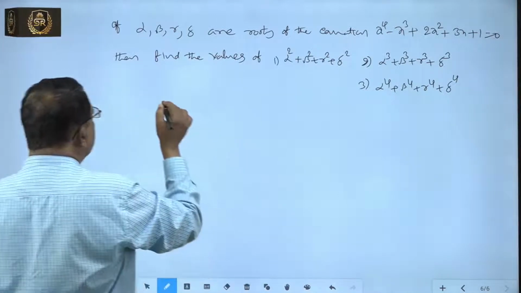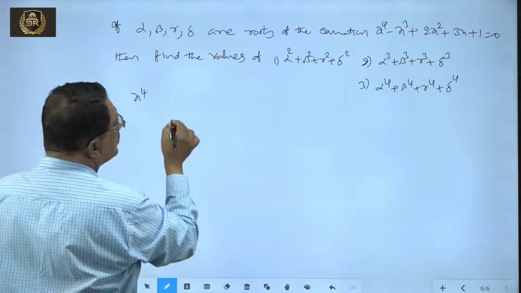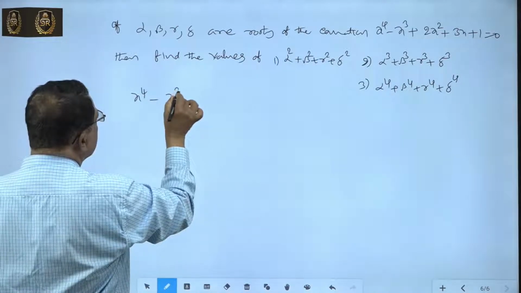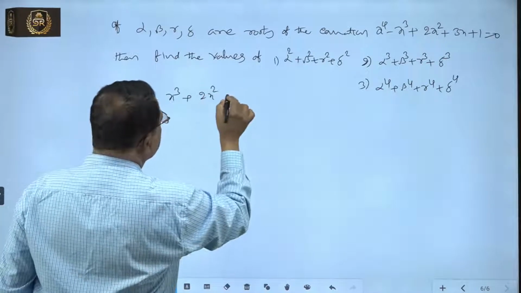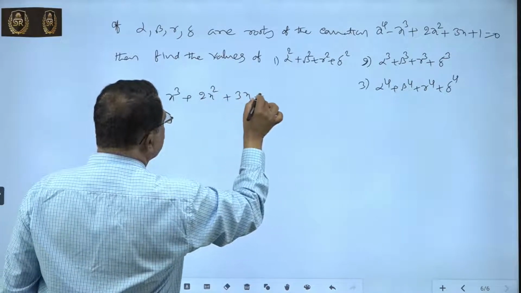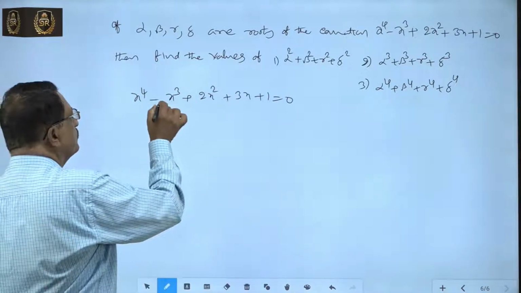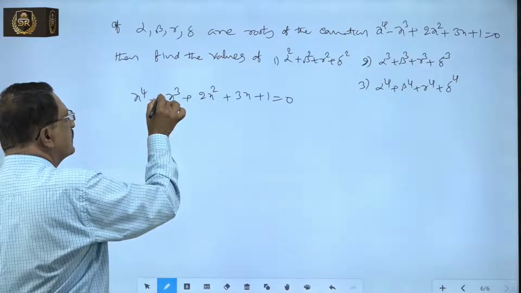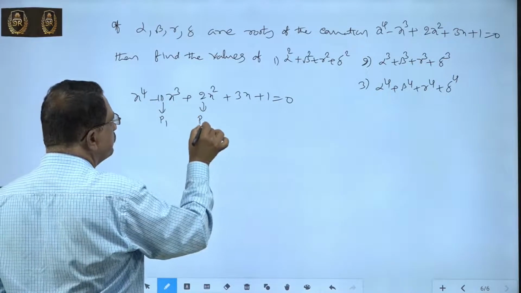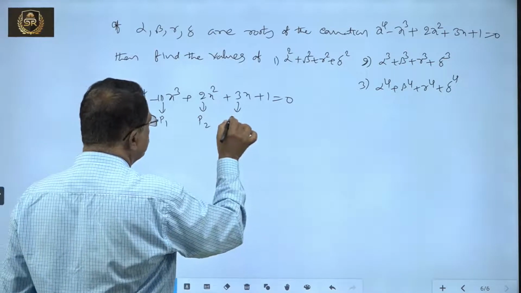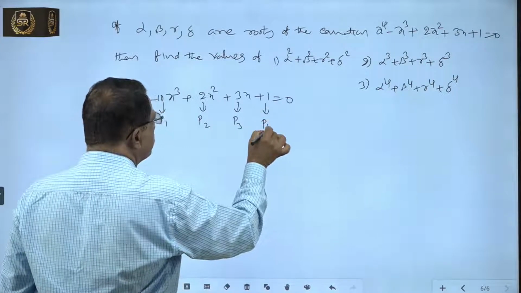Now, the given fourth degree equation, x to the power of 4 minus x cube plus 2x square plus 3x plus 1 equals 0. Here P1 equals minus 1, P2 equals 2, P3 equals 3, P4 equals 1.